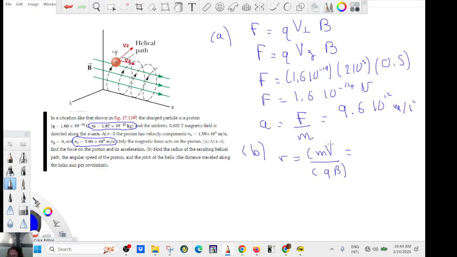We just want the component involved in the circular motion. So you could say that R equals M times V perpendicular over QB.